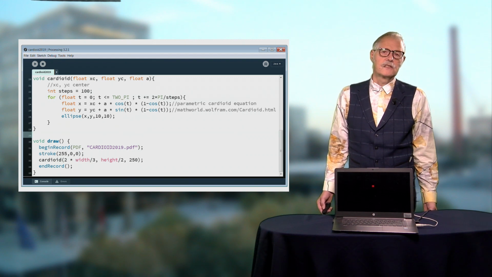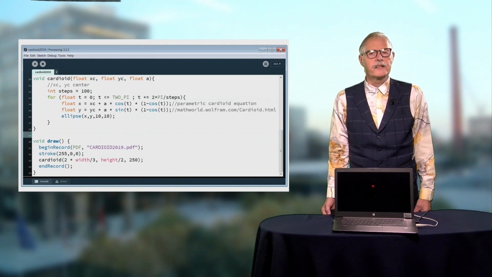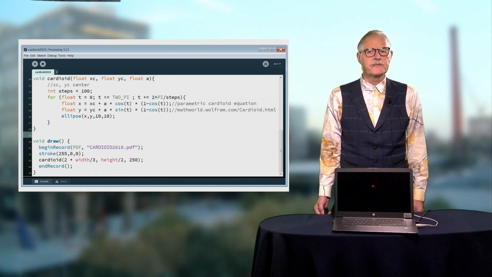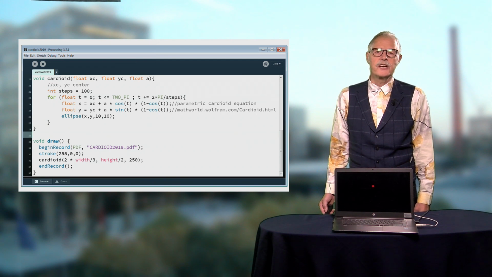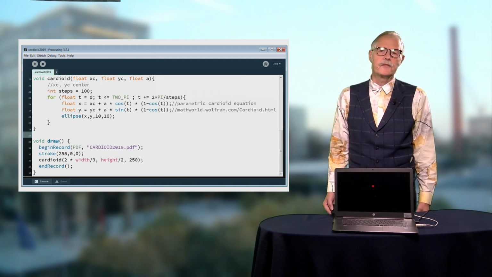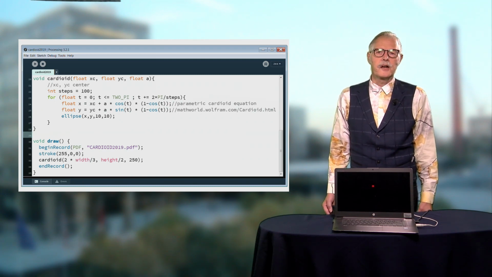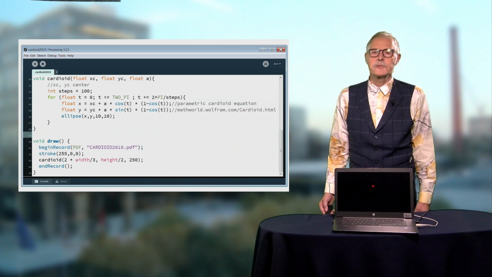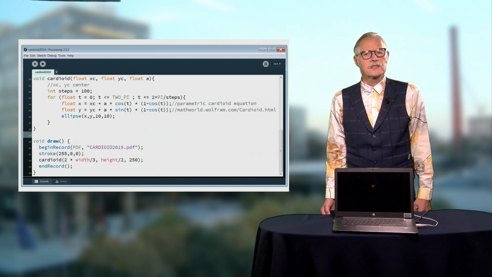X is this offset xc plus a times the cosine, and y a times the sine, but we have this extra factor 1 minus cosine, which gives rise to the typical cardioid shape. If you don't know where to find such equations, look at this Wolfram MathWorld website, look for the parametric equation, and then you can copy them into the processing program.